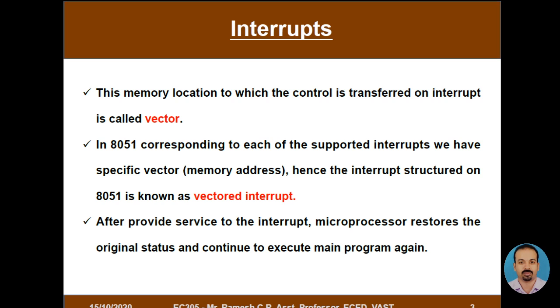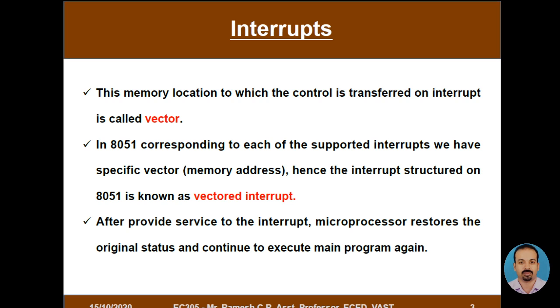Okay, so in general, the memory location to which the control is transferred on occurrence of an interrupt, which the microcontroller has to go to in order to service the interrupt request, is known as the vector address.